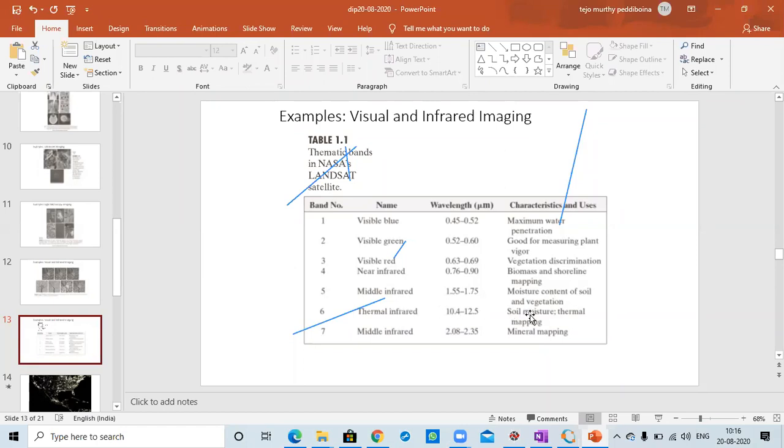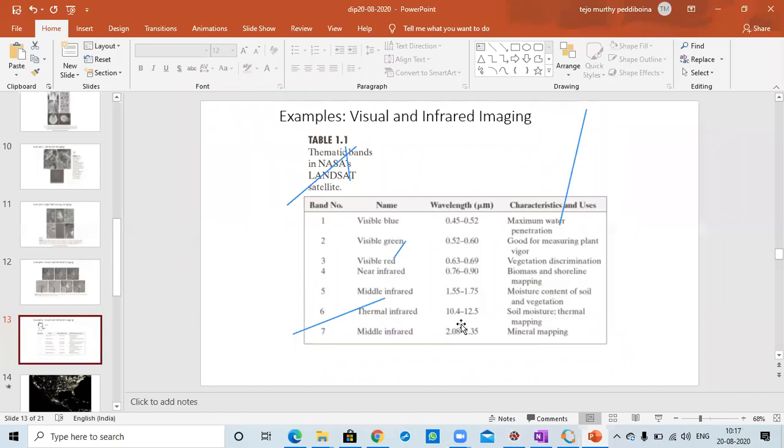And if you want to understand the moisture content of the soil and vegetation, we have to use middle infrared. And thermal infrared is used for soil moisture, and middle infrared is used for mineral mapping. So you see there are so many applications of image processing, not only for the visual field.